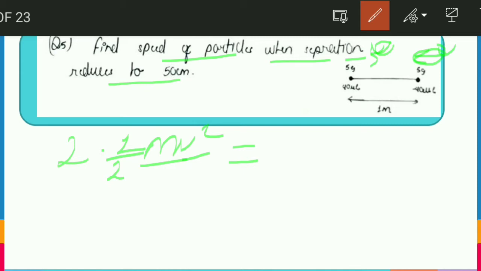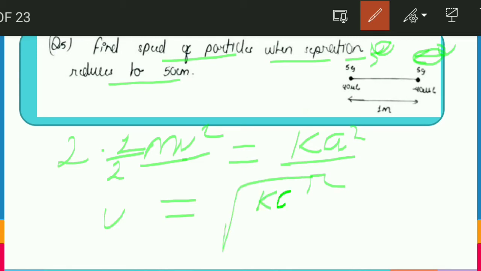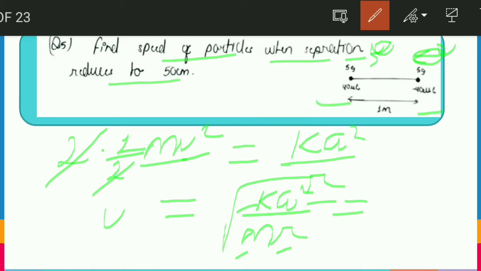So loss in potential energy, how much will it be, kq square upon r. So from here we can find the value of v, what, kq square upon mr. This 2 and 2 get cancelled out. So we know the value of q, we know k, we know m, we know r, because everything is given. So just putting the value, we will get 53 meter per second.